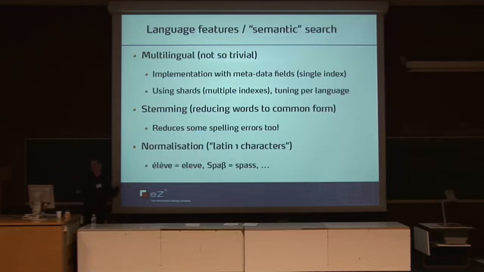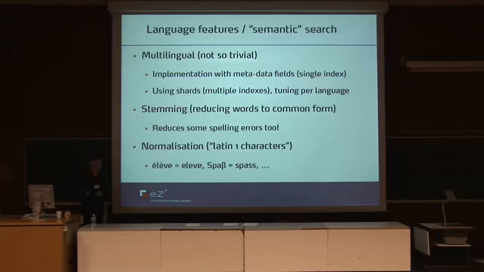Because you basically dilute terms between languages, the algorithms to make this relevancy happening don't work so well. So the second approach, which we used, is by using shards, which basically creates multiple indexes, one per language, and where you can also apply all the tuning about analysis per language.